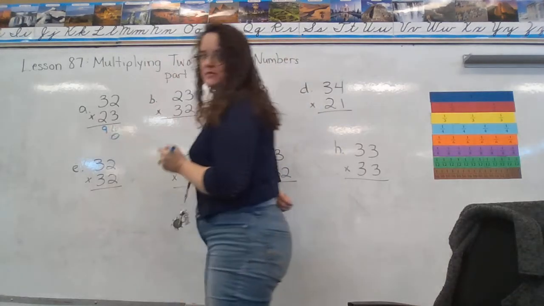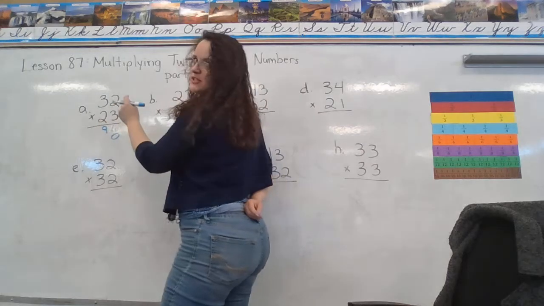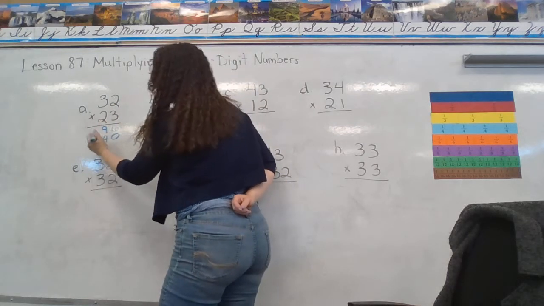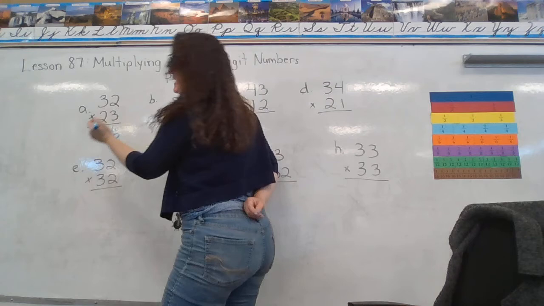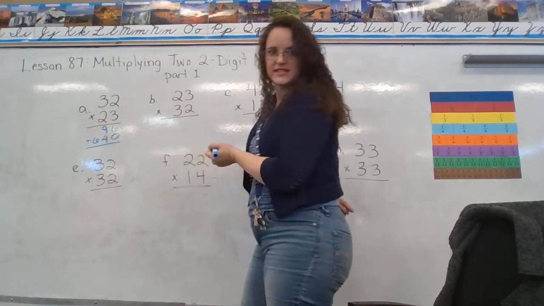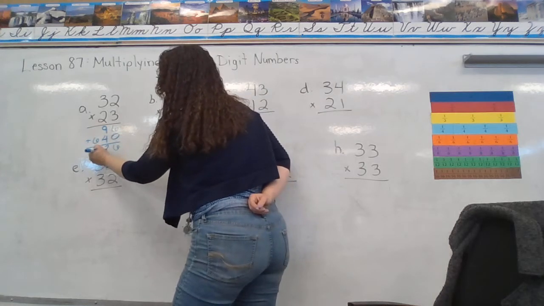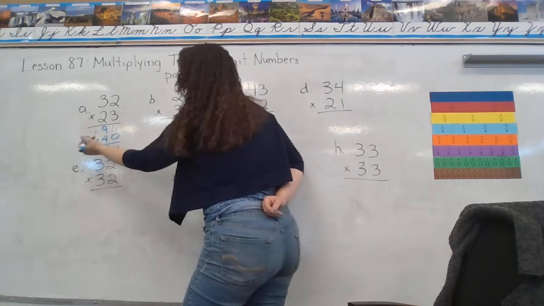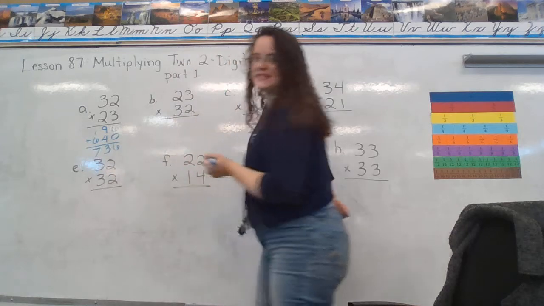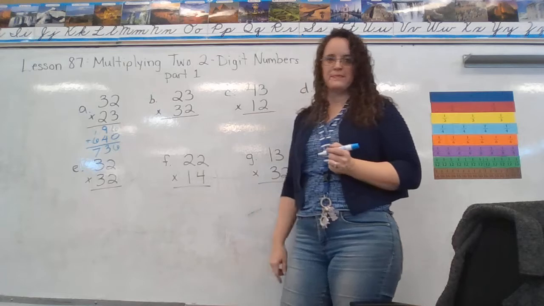It's going to end with a 0, so we need to put our 0 in there. Then 2 times 2 is 4. And 2 times 3 is 6. And now we add those answers together. 6 plus 0 is 6. 9 plus 4 is 13, and 6 plus 1 is 7. So our answer is 736.